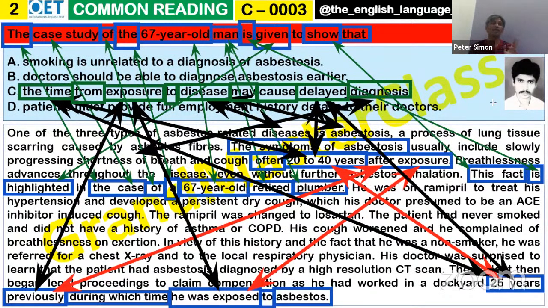I told you long back, names are important, numbers are important, new words are important, difficult words are important. 10%, 20% of the answers will be based on numbers. Out of 110 questions, 2 questions will be based on numbers. Definitely.